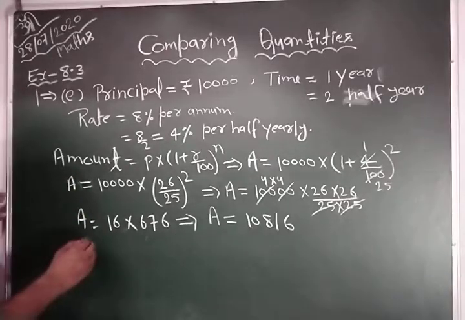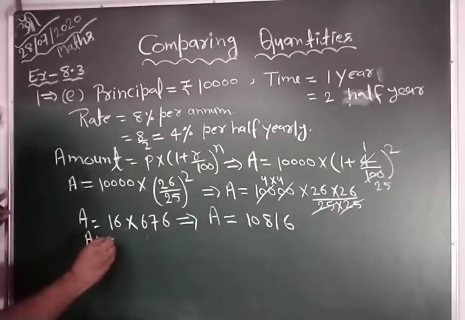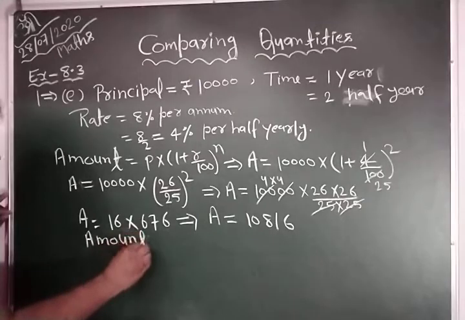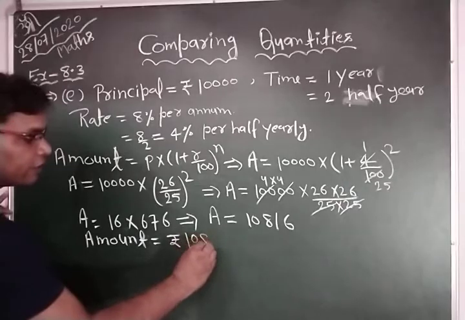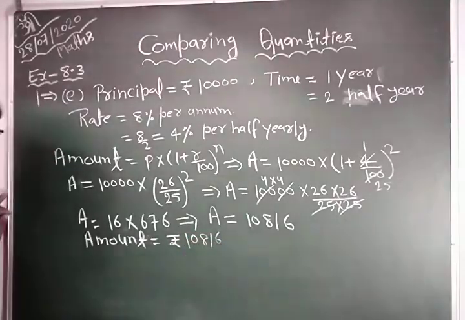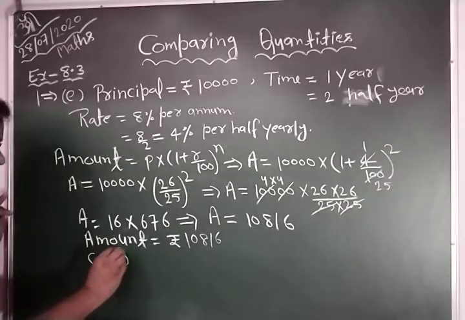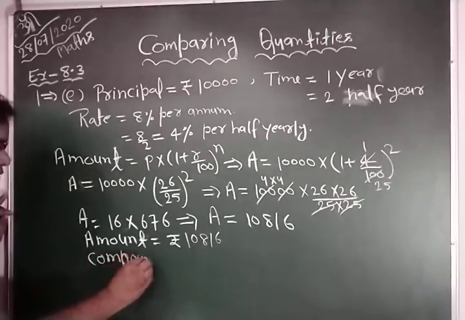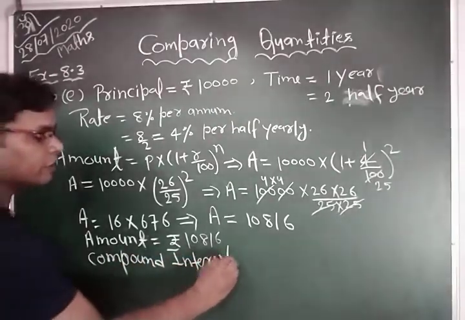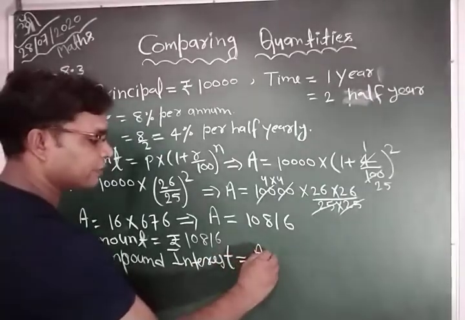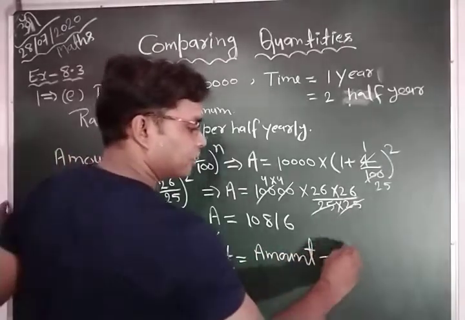So we can write here amount is equal to rupees 10,816. Now we find compound interest. Compound interest is equal to amount minus principal.